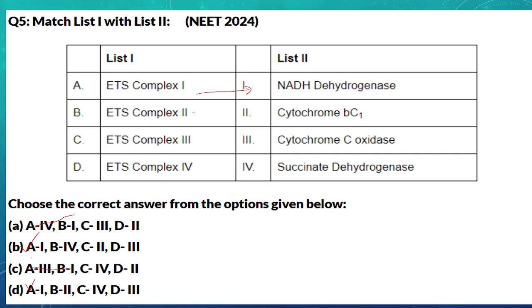Complex 2 is succinate dehydrogenase, B4. So option B is correct. Let's see another. Complex 3 is cytochrome BC. Complex 4 is cytochrome C oxidase. C is 2 and D is 3. So option B is correct.